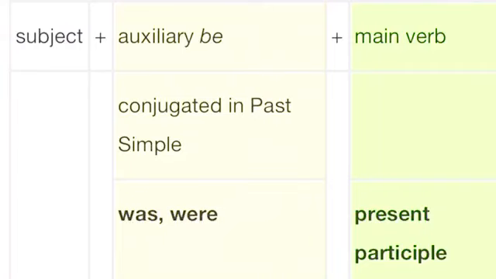The main verb is invariable here, in the present participle form, with the use of ing. Now understand, for negative sentences we insert not between the auxiliary verb and the main verb. Got it? For questions, what we do, we exchange the subject and the auxiliary verb. I have explained this to you earlier.